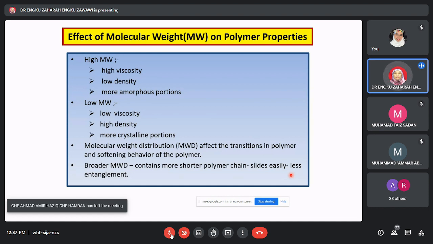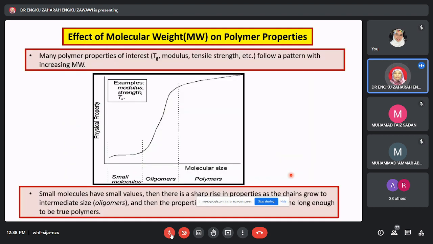Rambut pendek dengan rambut panjang lah, you bayangkan macam tu. Kalau pendek tu easy untuk kita sikat dia atau kita manage dia. So kalau dia panjang, dia akan entangle, so it's very difficult. So containing more short polymer chains, which is easy untuk slide past each other, so therefore there is less entanglement untuk yang broad molecular weight distribution.